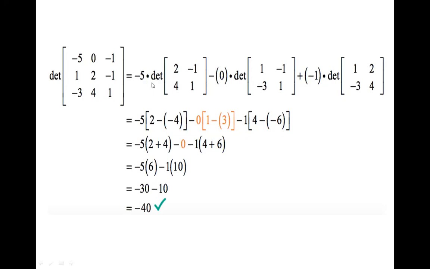Its minor matrix will be the determinant of these numbers: 2, -1, 4, and 1. It is very easy to estimate the determinant of a 2 by 2 matrix. We just have to subtract the multiplication of the diagonal elements. So likewise here we can estimate one component.